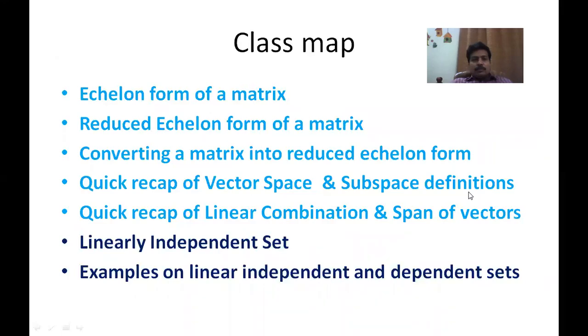Let us do some exercises on converting a matrix into reduced echelon form, and later we quickly recap the definition of vector space and subspace, which is useful in this concept. Let us go through the linear combination and span of vectors definitions. Later we move on to linearly independent sets, and we will look into some examples on linearly independent and dependent sets in this class.